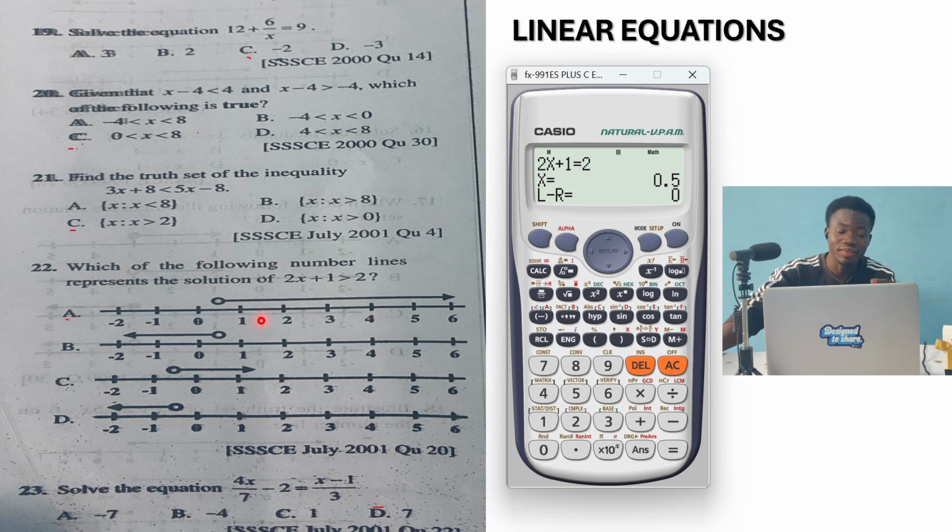Now we look at these answers. Which of them is half? It's positive half. So the first one is positive half. The second one is positive half. The third one is negative half. The fourth one is also negative half. So C and D are out already. Now let's look at A and B. What will determine which of them is the answer is the direction of the sign here, less than or greater than.